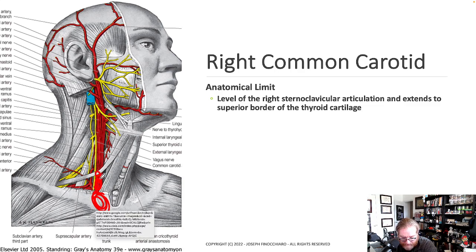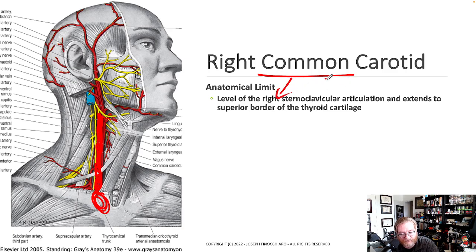This is where the artery begins, and it ends right at the superior border of the thyroid cartilage, where it bifurcates into the internal and external carotids. That is why it is called a limit. It is where the common carotid ends and goes into the internal and external carotid arteries.